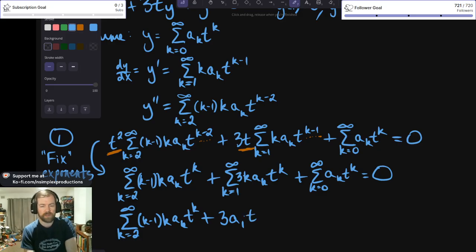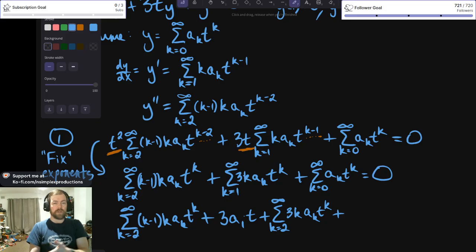So 3 a sub 1 times t, plus summation as k goes from 2 to infinity of the same thing that we had above, 3k times a sub k times t to the k. Okay, plus k equals 0 now has k equals 0 and k equals 1, which don't match all the rest of that stuff. So we ablate those off.